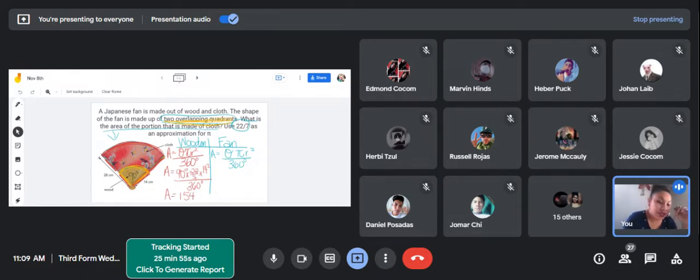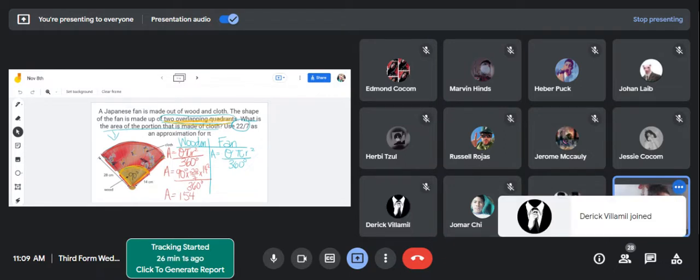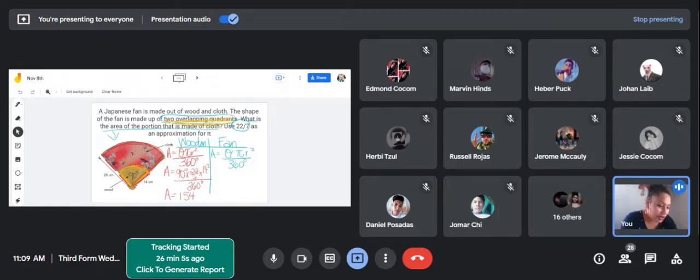Okay, in your calculators, this is what you're going to be doing. 90 times 22 times 14 times 14 equal sign divided by 7 equal sign divided by 360. And it should give you 154.